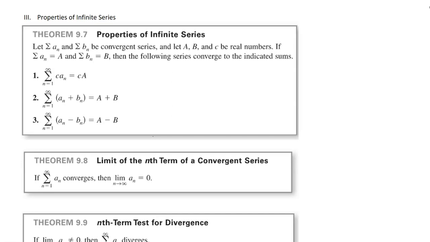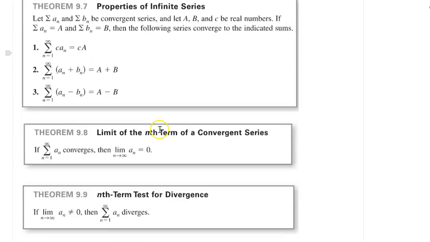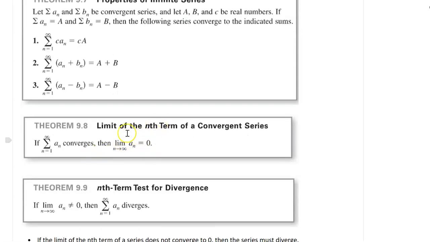This does not say that if the limit as n approaches infinity of a sub n equals 0, then the sum converges. What it does say is that if this limit is not 0, then this series cannot converge. It has to diverge. So these two statements are what we call contrapositives of each other.